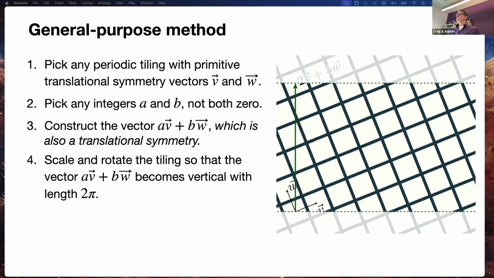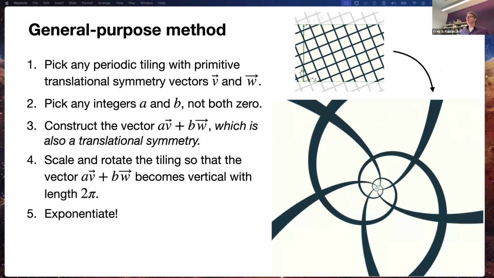But if I do something that's more tilted, then what were formerly the horizontal and vertical rows and columns of squares get transformed to diagonal lines in this stripe, and those diagonal lines become something like logarithmic spirals after you project them. So I get spirals of projected square tiles. Hopefully you can see my mouse. There's one coming out of there, and there's another one coming out of there.